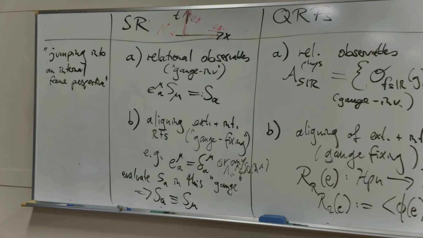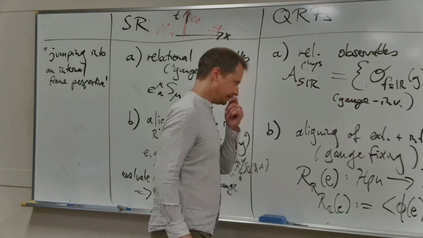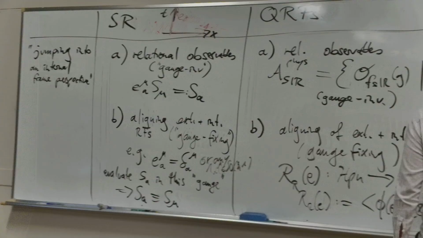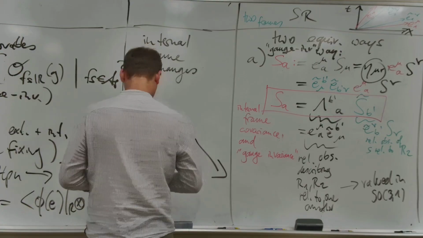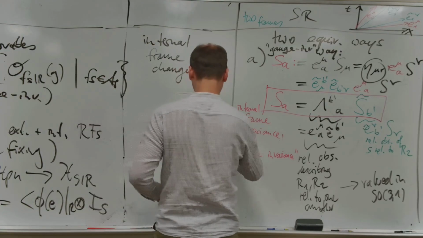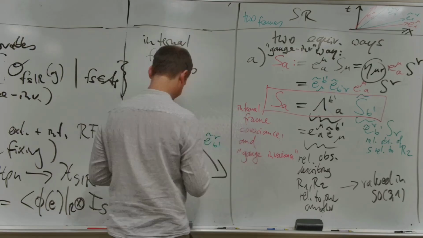So, okay, let me maybe just briefly write this in the following way. You write this as addressing E mu A, tilde mu B prime.